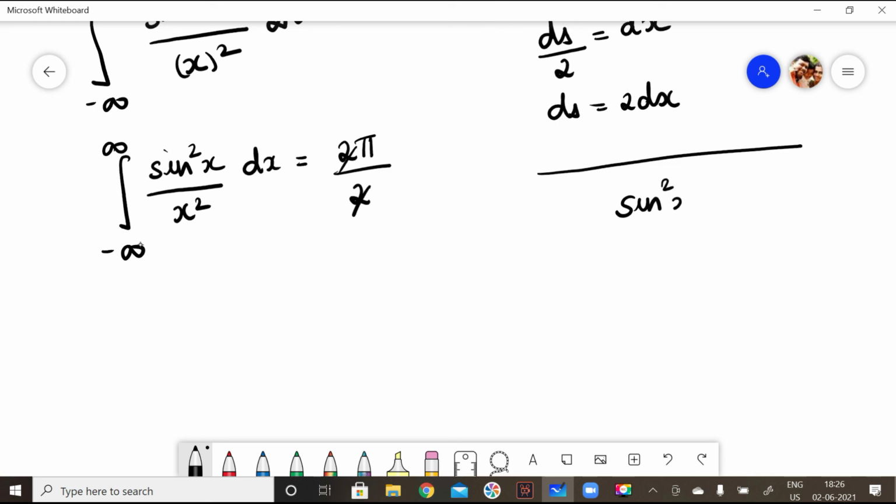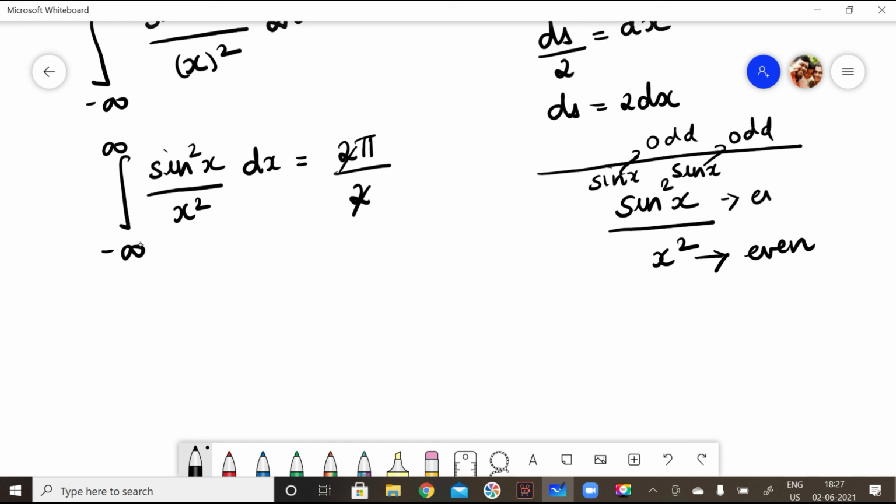Sine square x by x square is my function. X square is definitely even. I also know sine x is odd. How do I write sine square x? Sine x into sine x. So odd into odd, minus into minus, is always even. So even by even is even.